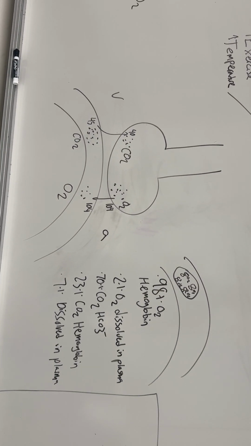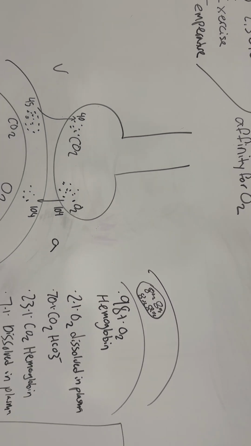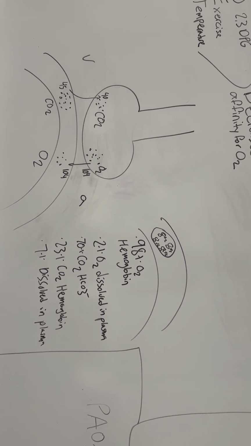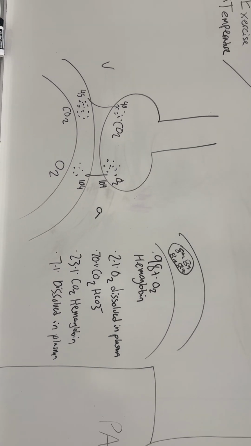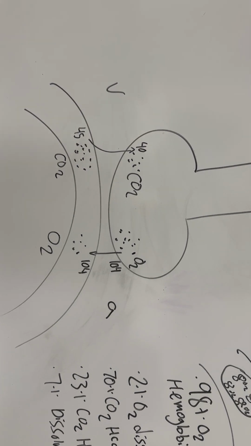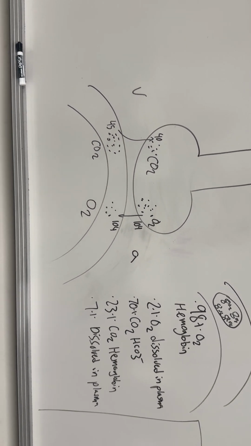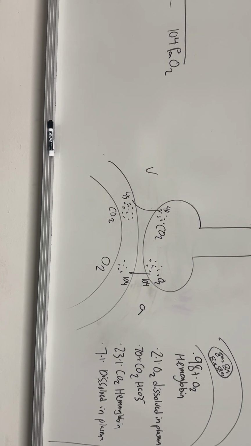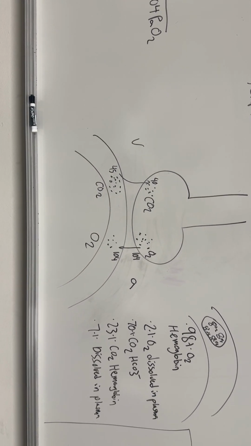So we have a rule called the Haldane effect, which is basically oxygen's effect on CO2 binding to hemoglobin. So up here at the alveolar, at the pulmonary capillary, we have more oxygen coming in than CO2. So we're going to have more oxygen binding to hemoglobin here.